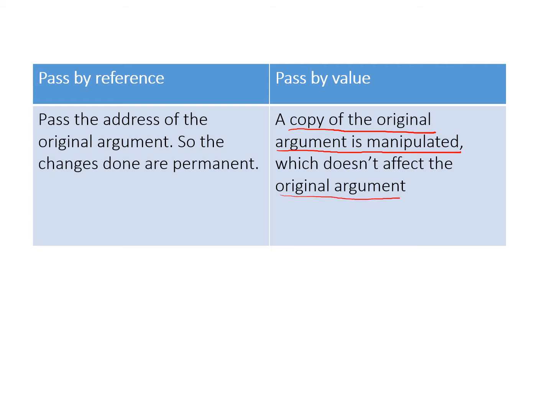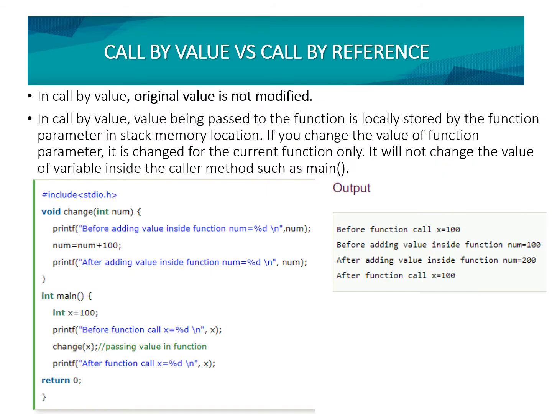Compared to the reference, we are passing the address of the value instead of the original value. As we can see in this slide, the original value is not modified, so we're going to use call by value.